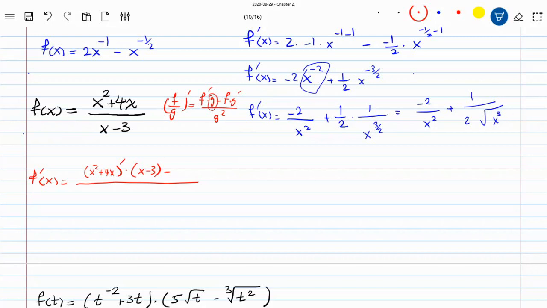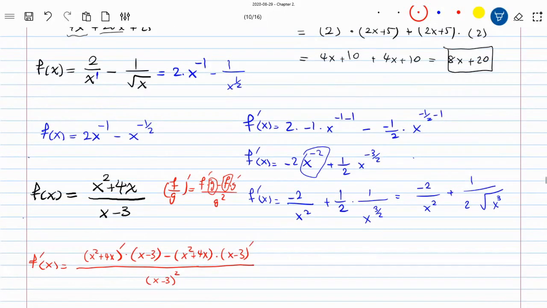There is no prime here, neither is there a prime here. So minus x squared plus 4x times the derivative of the denominator x minus 3, all divided by x minus 3 squared. The denominator does not have any derivative. You could have used this formula for the last example as well. I recommend you try that in the last example to see what you get. It should give you the same result.